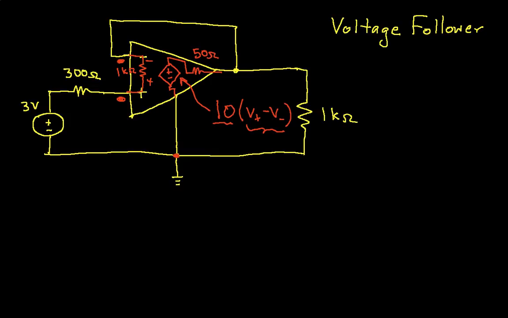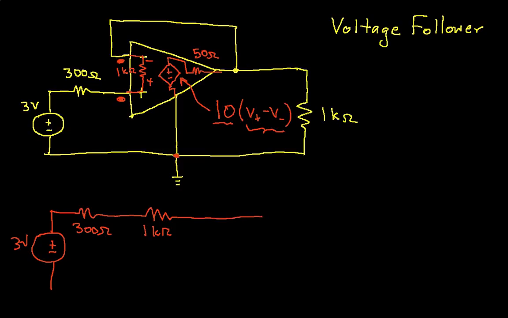So in order to make the analysis seem clearer, let's redraw the circuit as follows. We'll keep our 3 volt source. We still have the 300 ohm resistor. And now we'll draw the 1 k ohm internal resistance. This will get connected at some point to the output of our dependent voltage source.